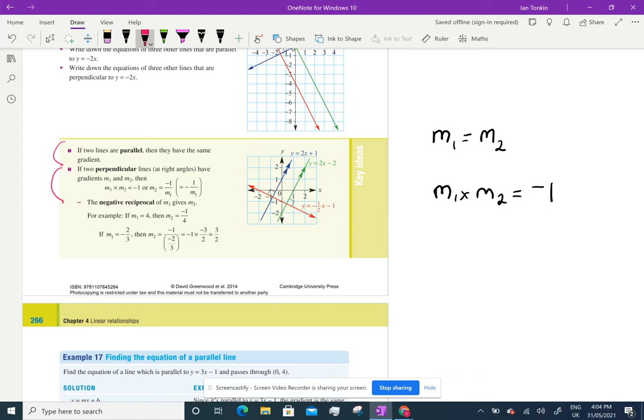Now, all that means to find the perpendicular gradient, you just take the negative reciprocal.